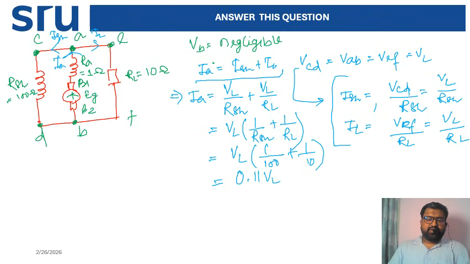But as we don't know the VL, one thing we can do, we can relate this to other equations. Suppose we know the armature voltage drop. We can say VEF means load voltage.